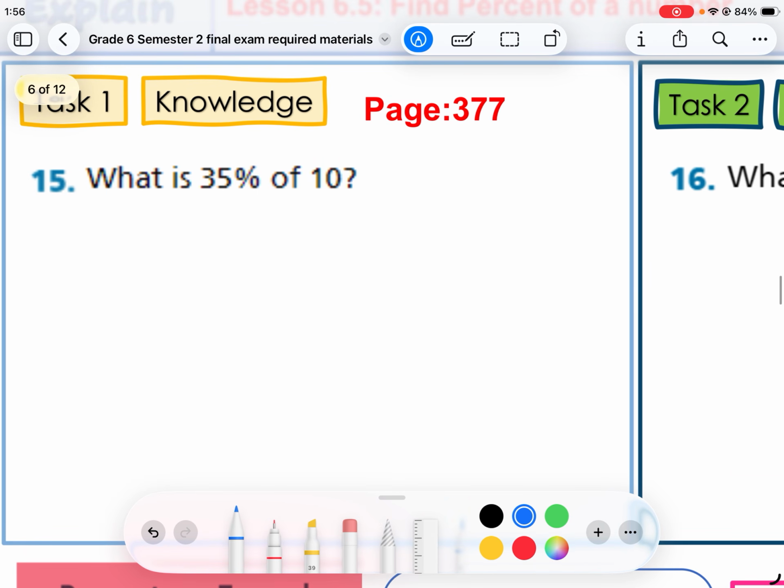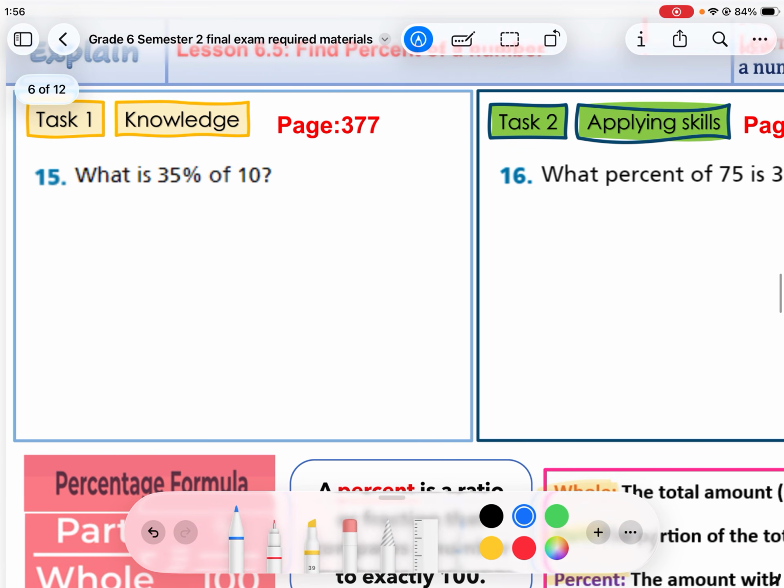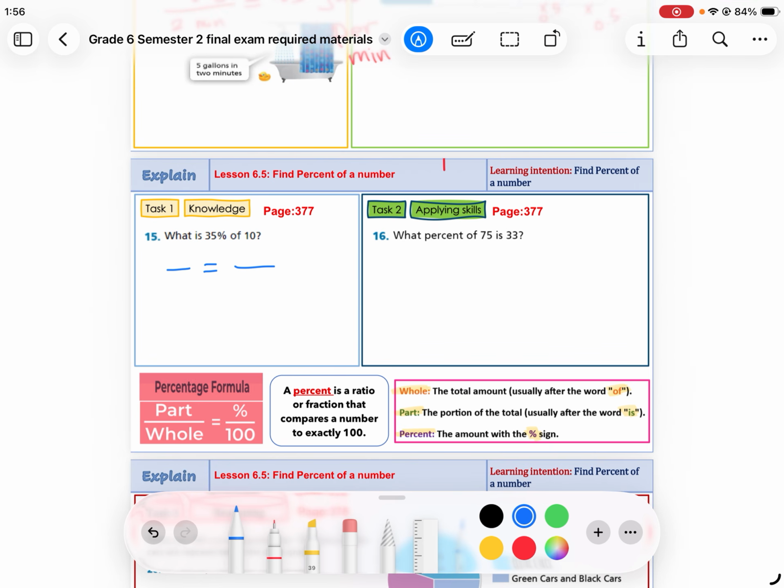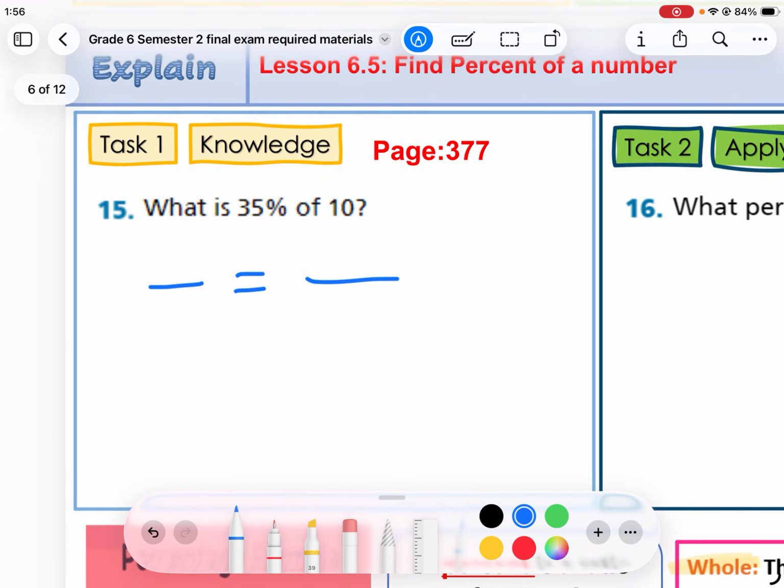Here we have a question, what is 35% of 10? You will have questions like this one. We will not tell you whether you need to find the part or the percent. The question will look exactly like this one. So all you have to do is put the formula that's right there below. So now I'm going to decide which number is the part and which number is the whole.